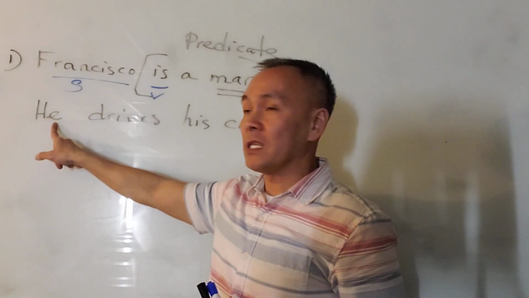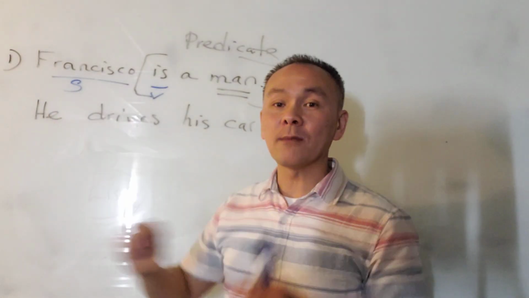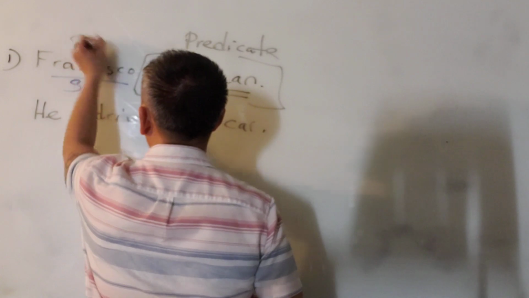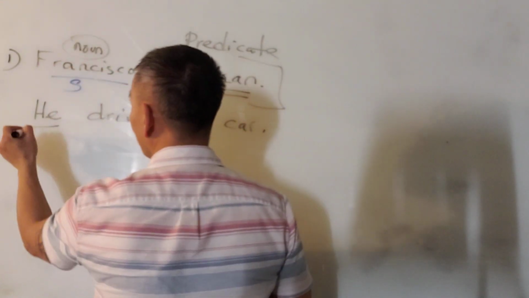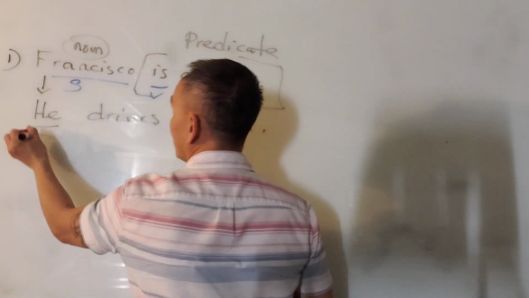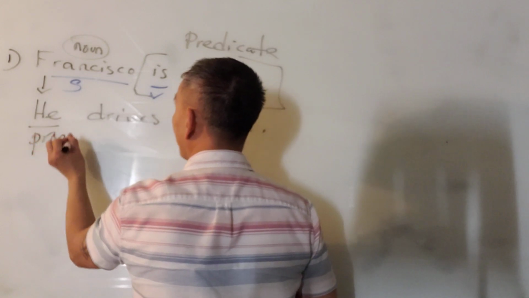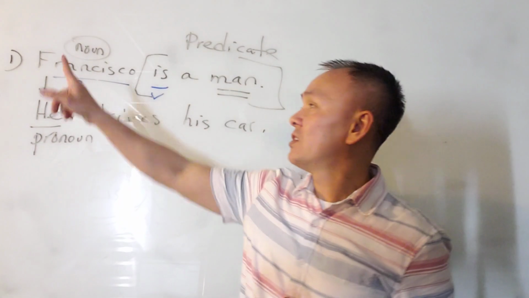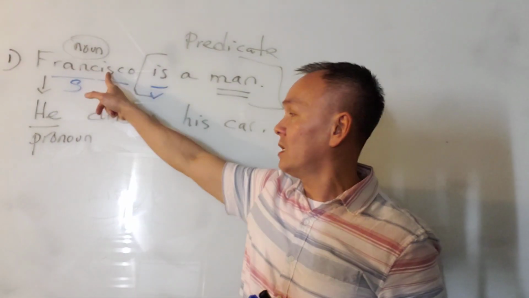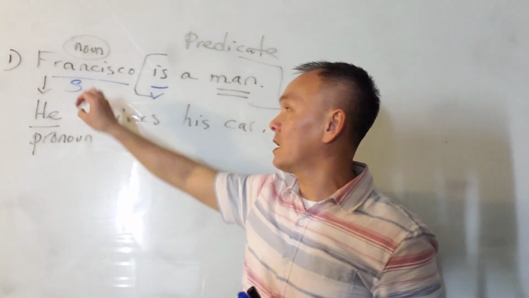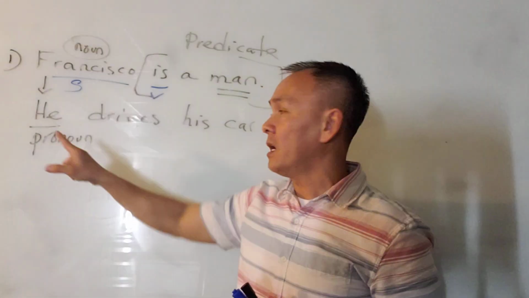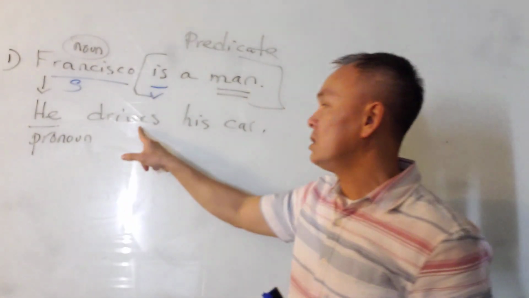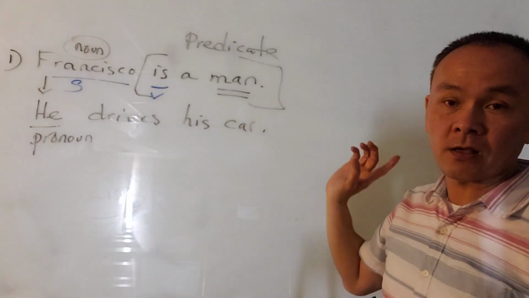We change to he because he is the pronoun. The gender for Francisco is male, so because it's a male, we change to he. He drives his car.